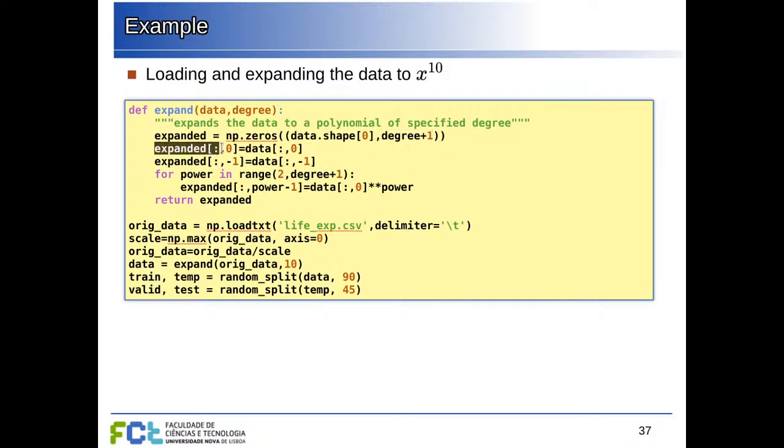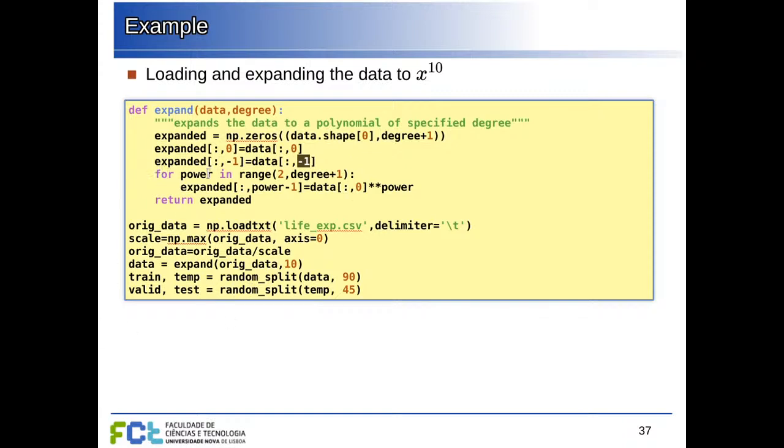So the first column of this new matrix will be the original x values, so the ones in the first column of the original data matrix. And the last column of our new matrix will have the y values, which are in the last column of our data. Note that you can use negative indexes in NumPy, or in Python in general, to count from the end of the array. So this index -1 is the last index, regardless of how many columns we have here.